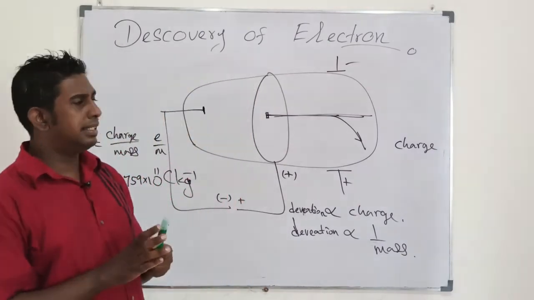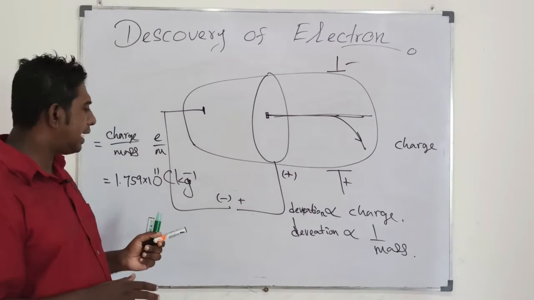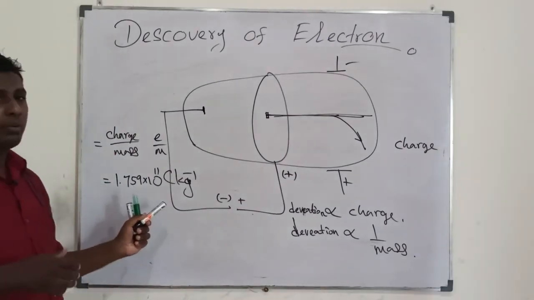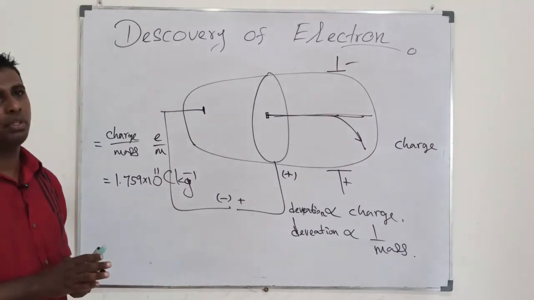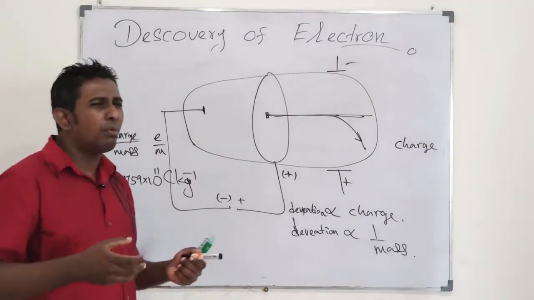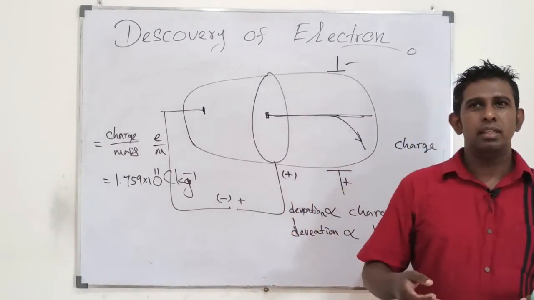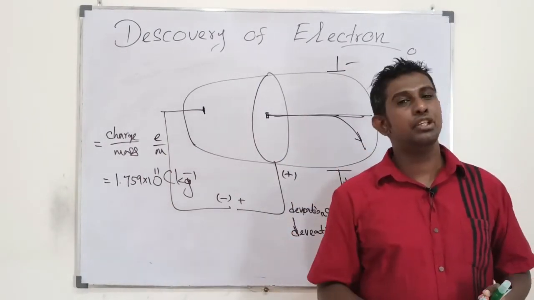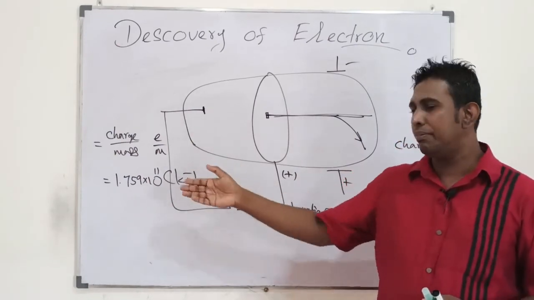Then he changed the gas kept inside the cathode tube and checked again whether this value would change based on the gas inside the cathode tube. No, it didn't. Whatever the gas kept inside the cathode tube, the charge over mass ratio of those cathode ray particles would be the same.